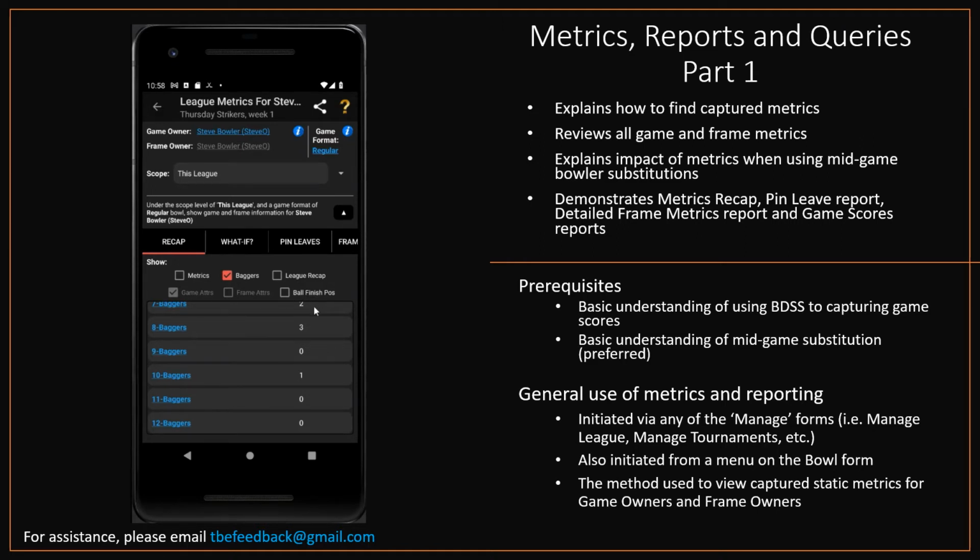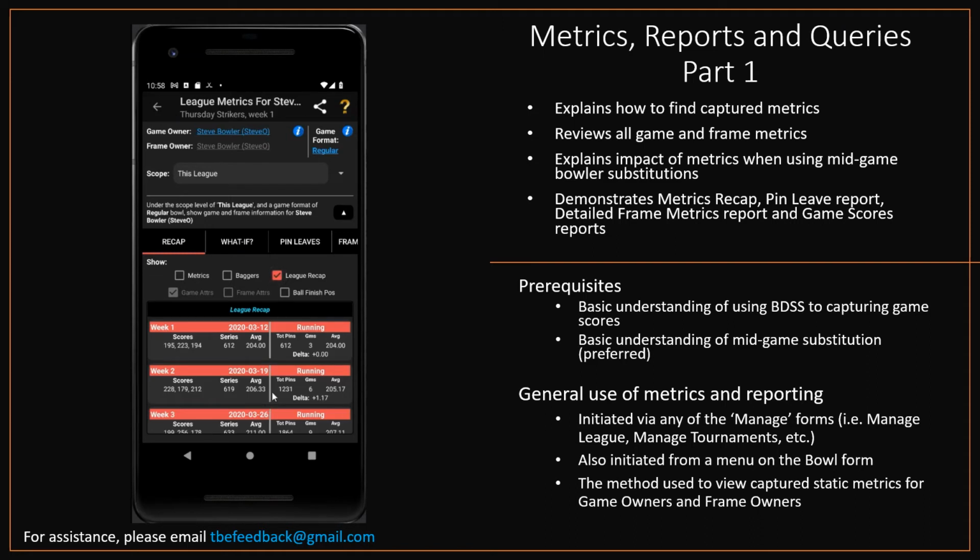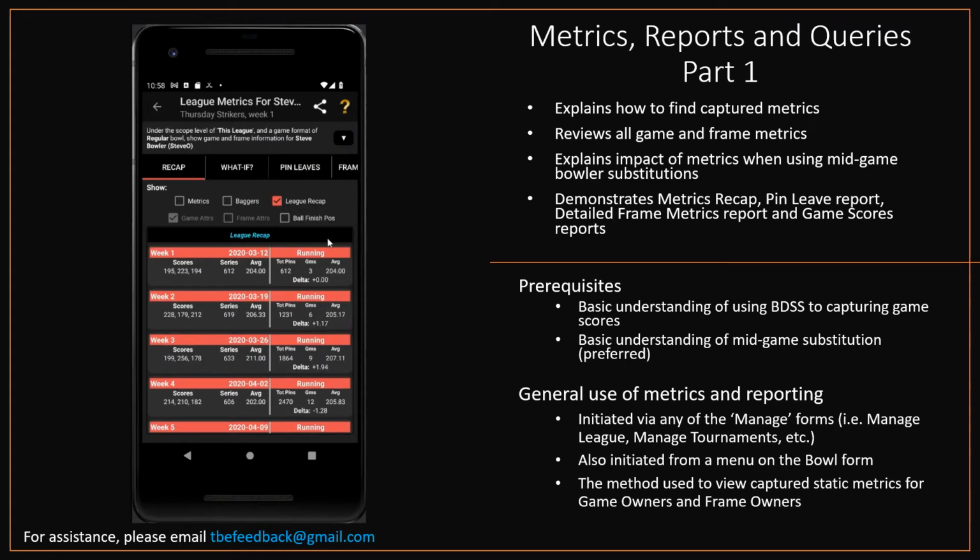Next, let's take a look at League Recap. We'll unselect baggers first, select League Recap. So League Recap is only available if the scope is League, and it gives a week-by-week recap for the selected game owner. So you can see a little bit more clearly.